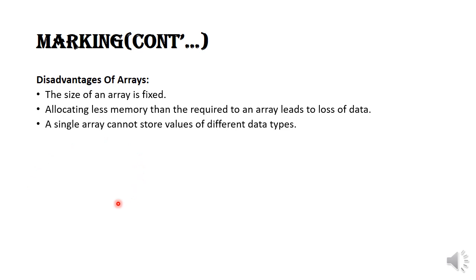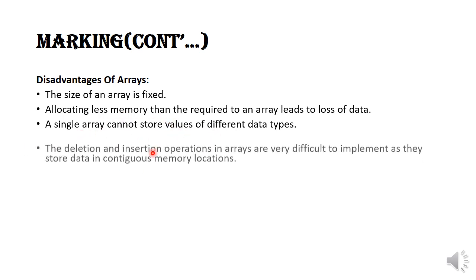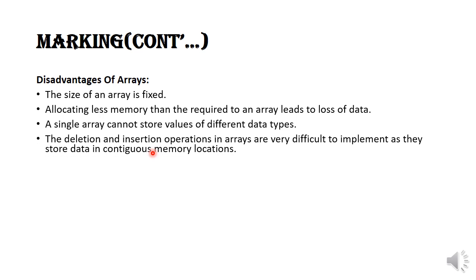You cannot define an array which is able to store, for example, integers and floating point numbers. The deletion and insertion operations in arrays are very difficult to implement as they store data in contiguous memory locations.